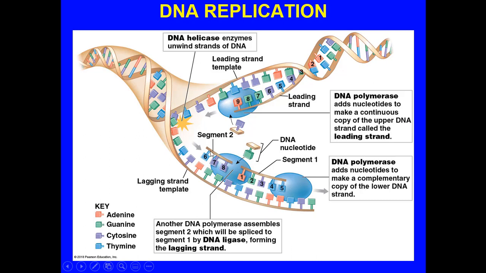In other words, you always have to have your backbone here that's held together by covalent bonds and that is continuous, because the stability is partly due to the covalent bonds between sugar phosphate along the backbone. Okay? This would be the lagging strand.